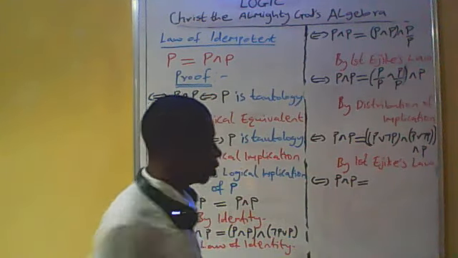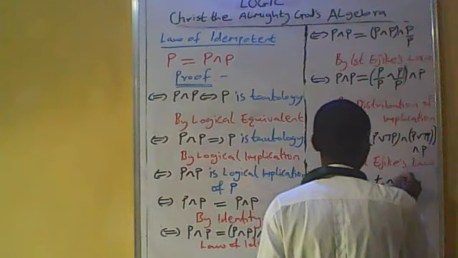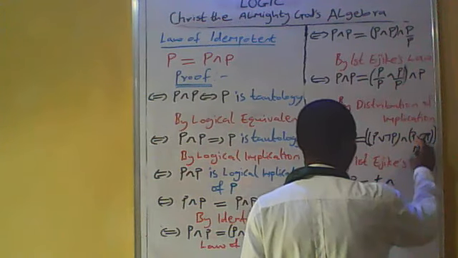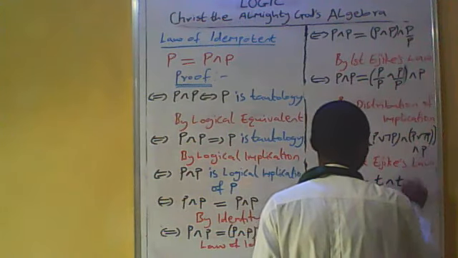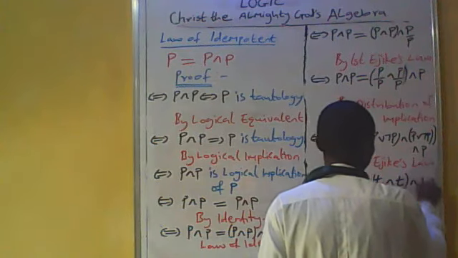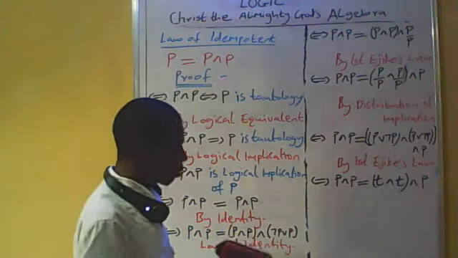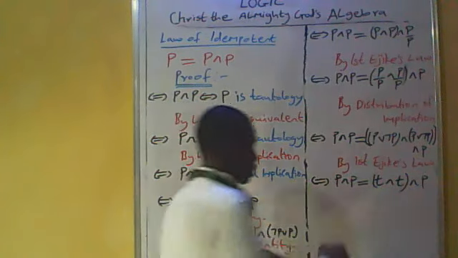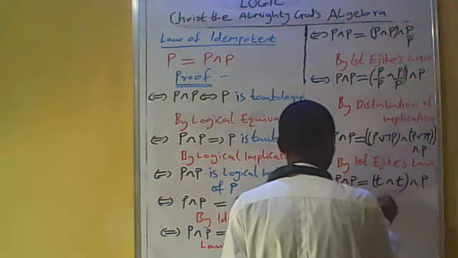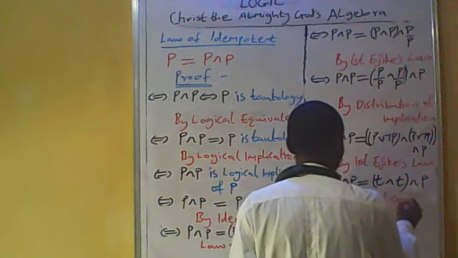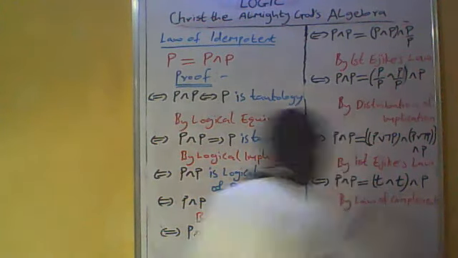That means we have T and P. T is set here, P or not P is equal to T, and P being justified by the law of complement.